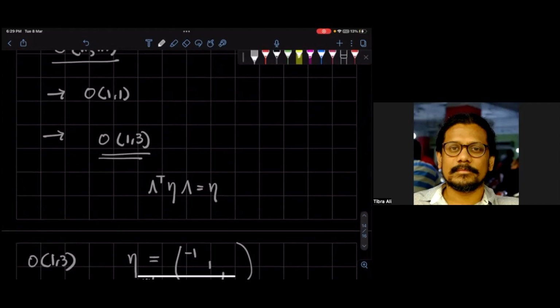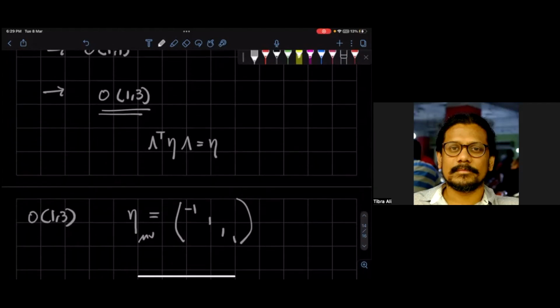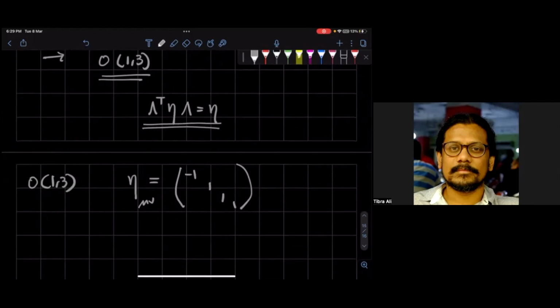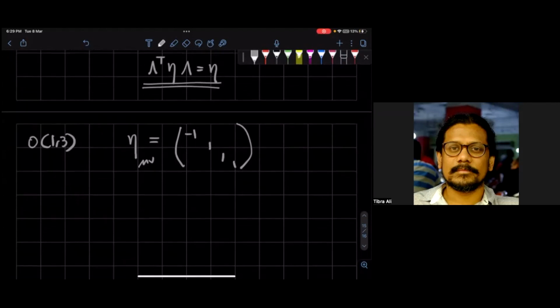Now, what is the dimension of this group? Again, we have to count the number of independent components and the number of constraints, right? The number of real entries is 16, since this matrix has 16 entries.